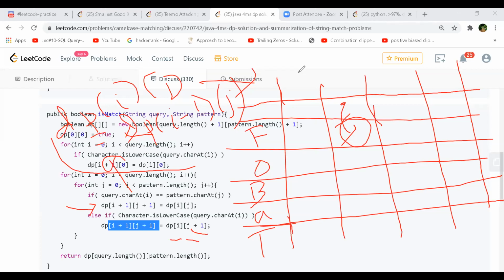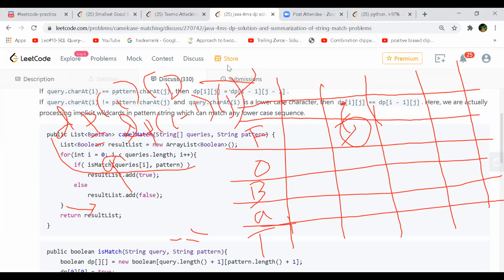If you don't match the patterns, you are not going to reach it, so it will always be false. And also, if you get an uppercase in the query which is not in the pattern, then also it is not going to reach, right? Then it will always be false, because by default everything is false. Yeah. At last, yeah.